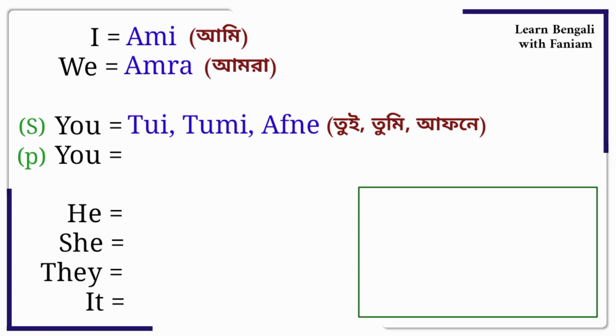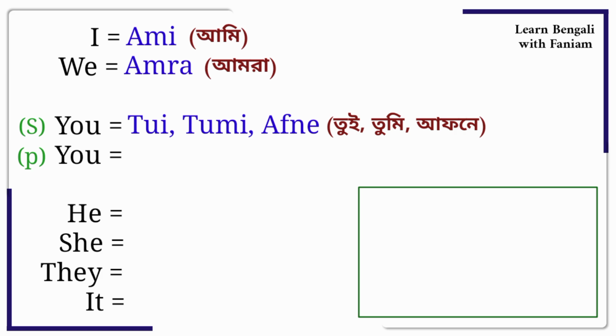When you talk to an honorable person or with your parents, grandparents, you must say apne. As this is a formal word, you can use it with anyone whenever you are talking with any person in the Sylheti language.